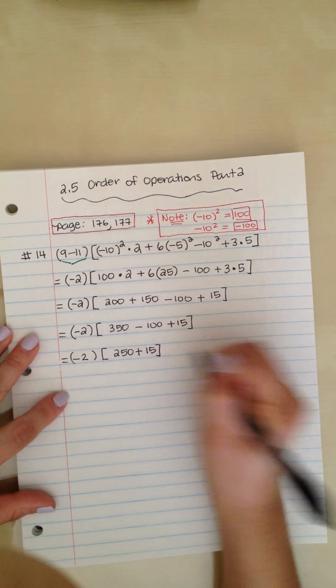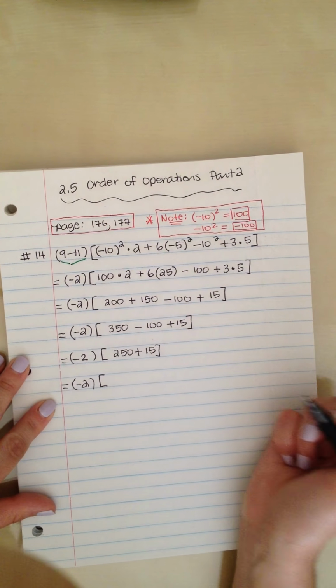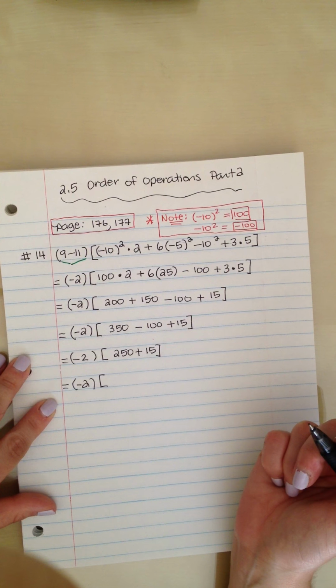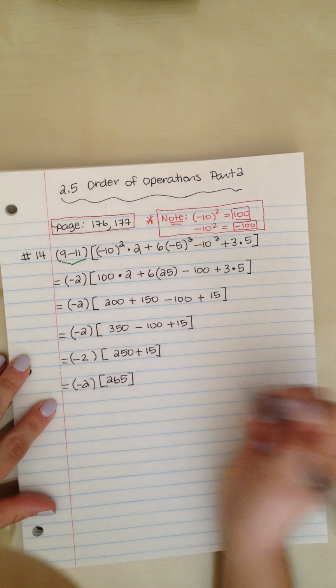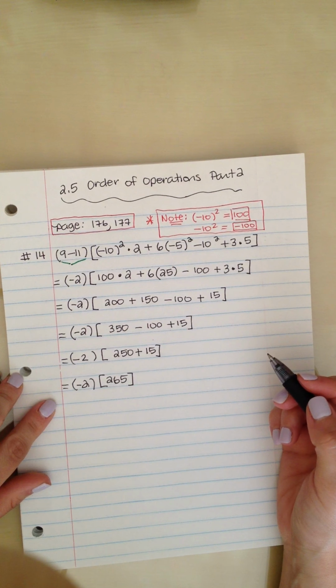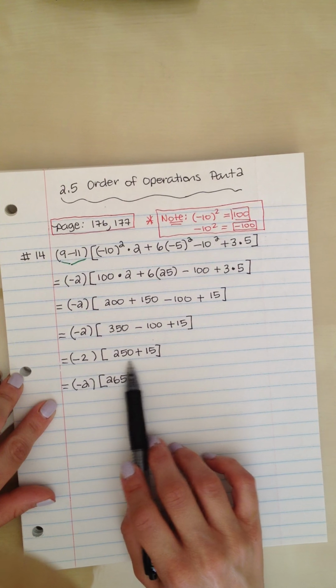Okay, almost there. Negative 2. 250 plus 15, that gives us 265.